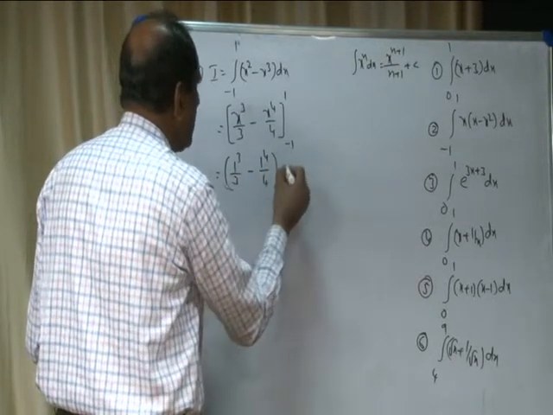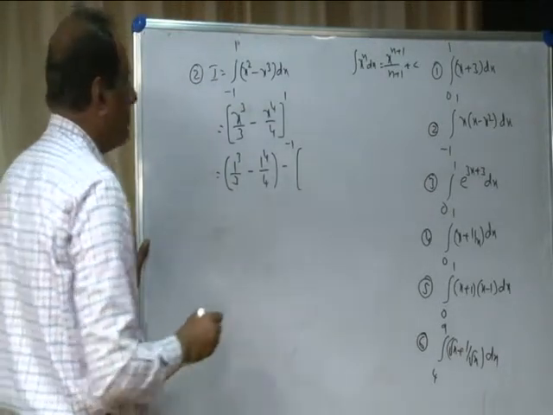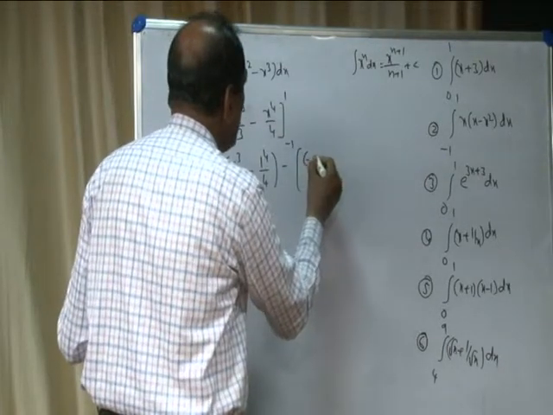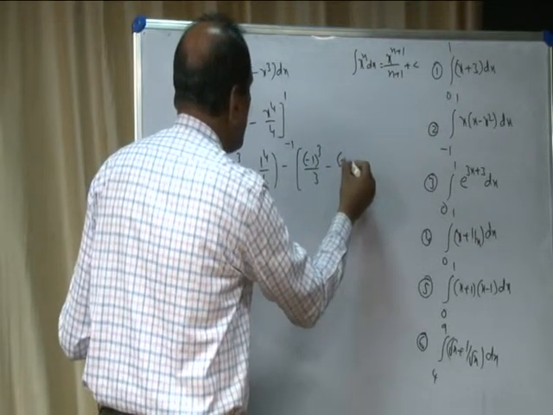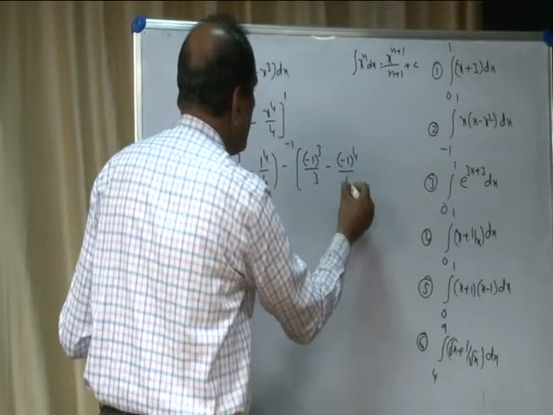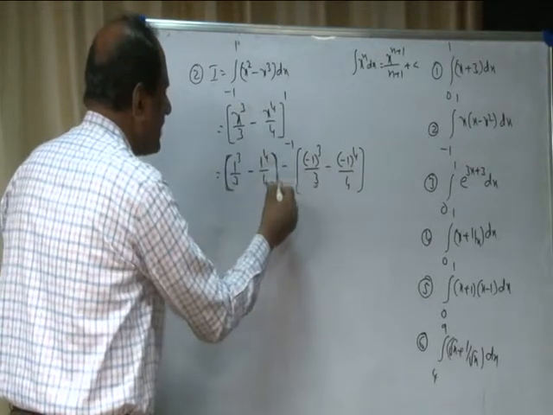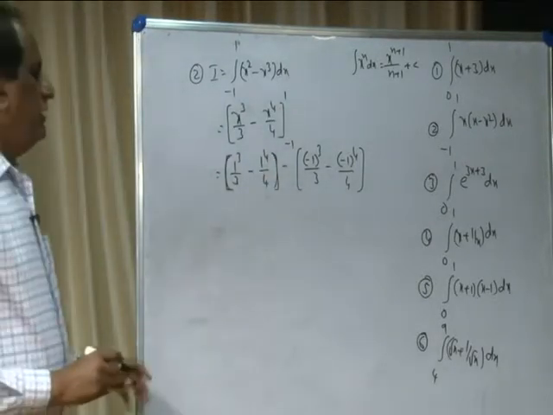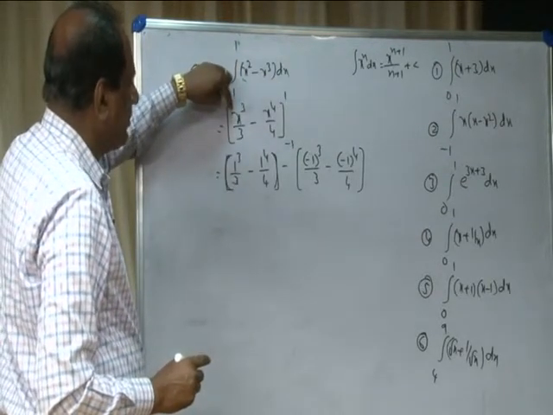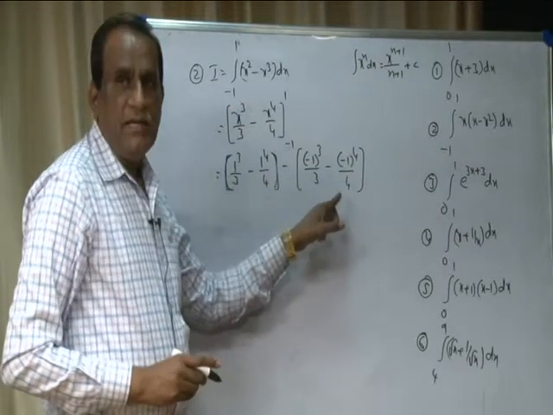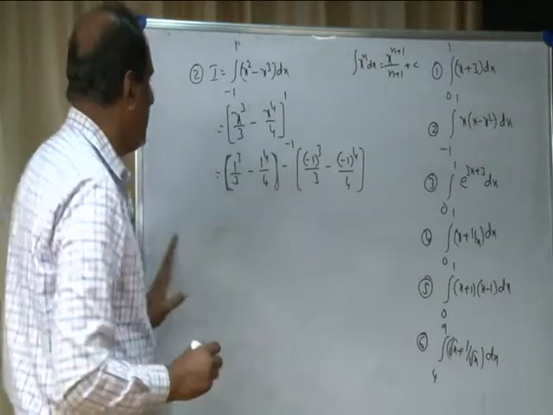This is the upper limit, minus, write a big bracket for the lower limit: minus 1 whole cube divided by 3 minus minus 1 power 4 divided by 4, close the bracket. In the first bracket apply the upper limit, that means put x is equal to 1. After the minus sign, in the second bracket apply the lower limit, that means put x is equal to minus 1.